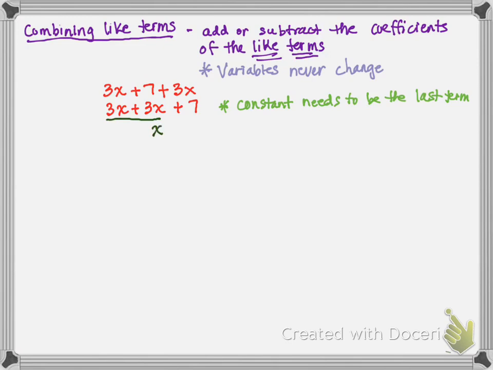So I'm going to factor out the x. So what does that leave behind? Well, 3x divided by x is a 3, and then it says plus, and 3x divided by x is a 3. Okay? Now, we still have the plus 7 at the end. Nothing's happening with him because he has no match.